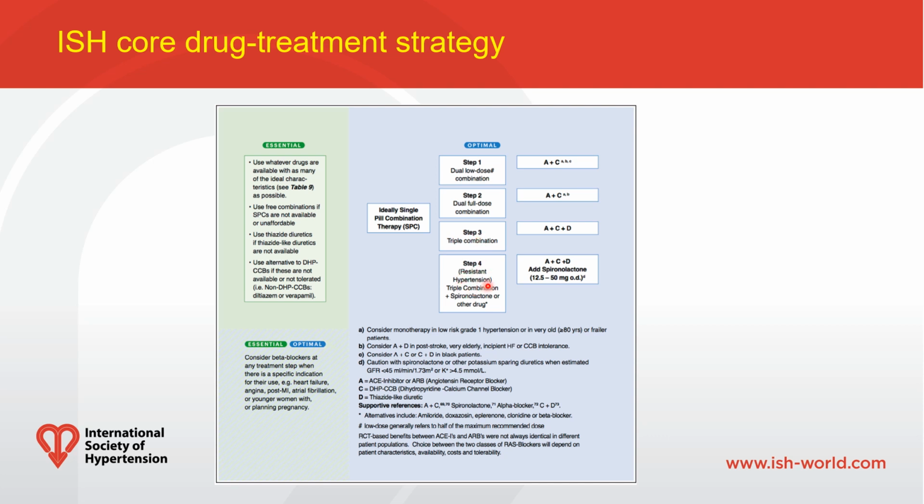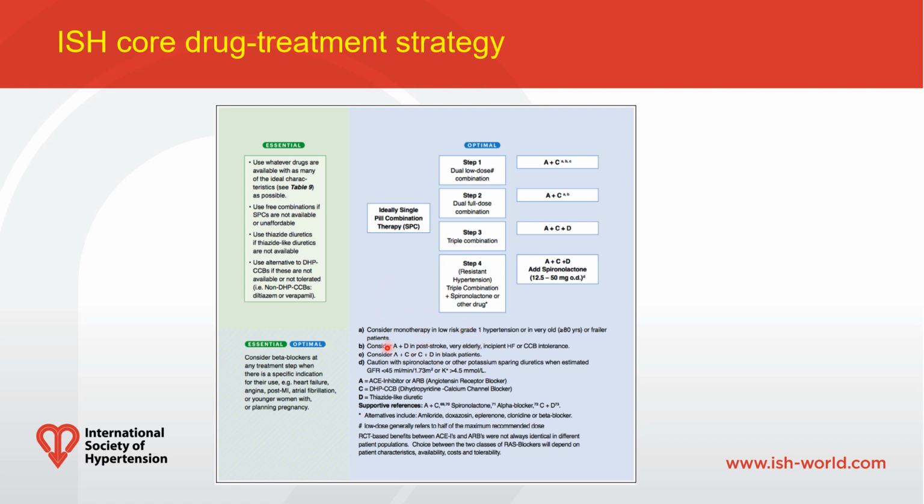But if the blood pressure is still not well controlled, then we have entered into resistant hypertension. So you now have your triple combination, and you add spironolactone or other drugs under the add-on. For spironolactone, you give a dose range from 12.5 to a maximum of 50 milligrams.